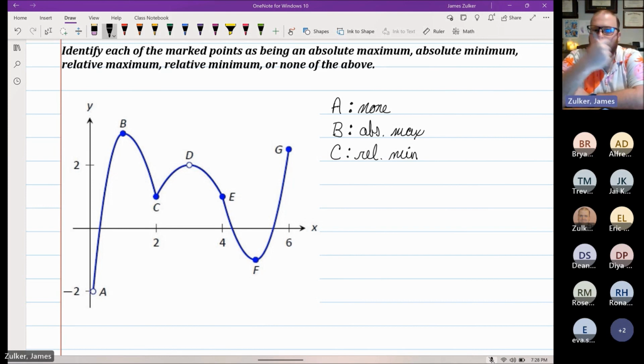It is not the smallest value on the graph. You can see there are definitely values below it. However, you can find an interval where it is the smallest value.